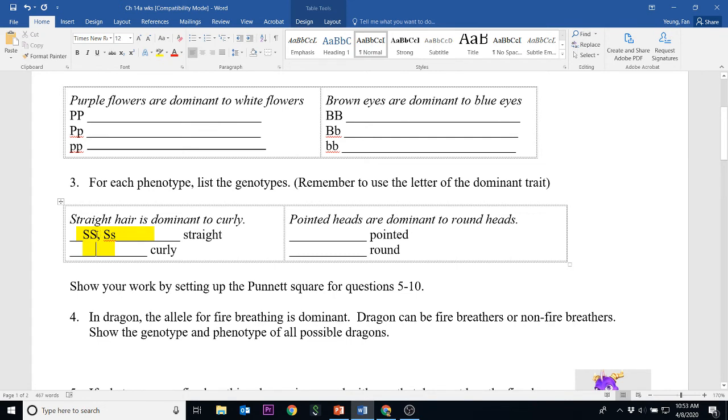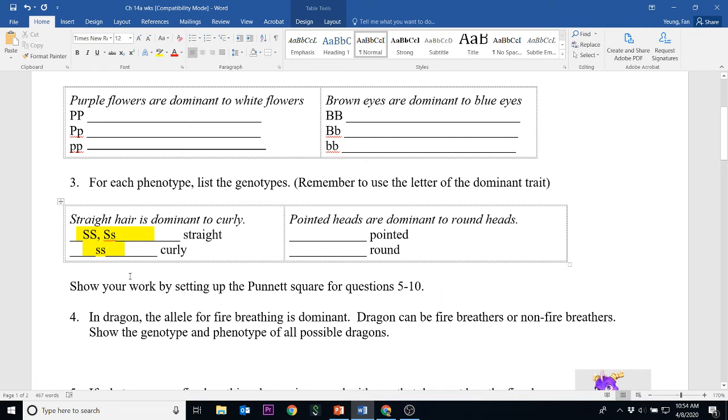There's only one genotype for recessive. Good. So it's two small s.